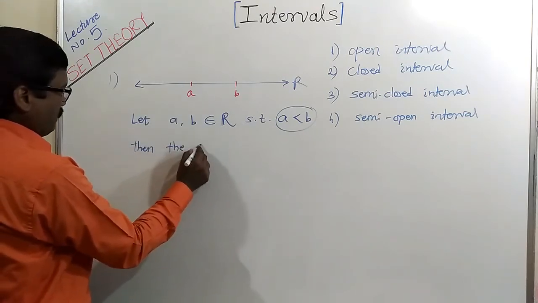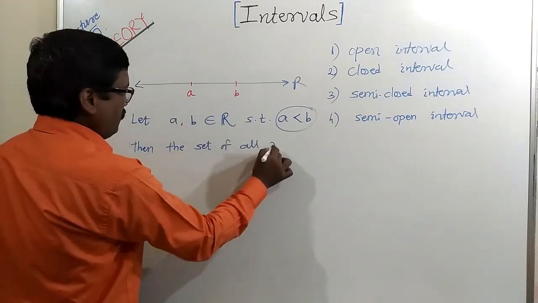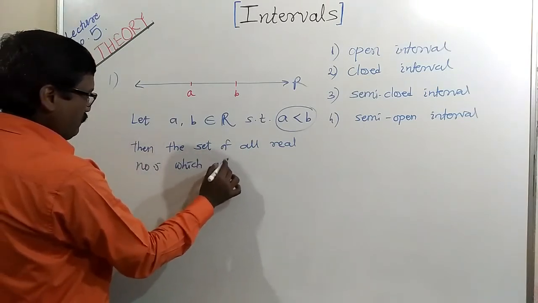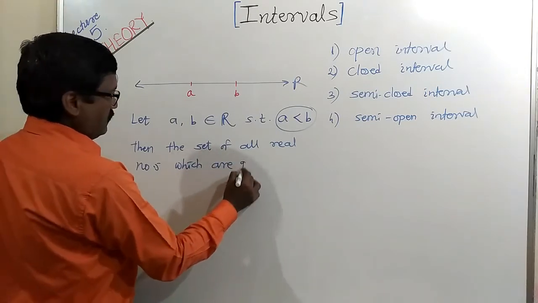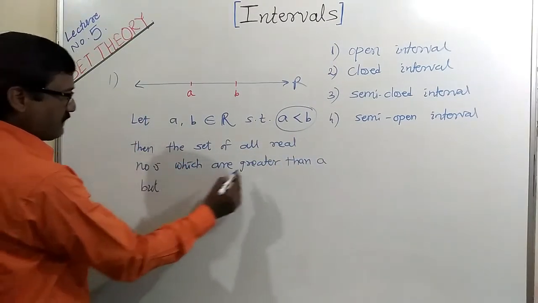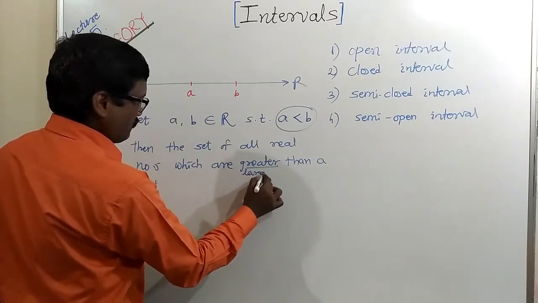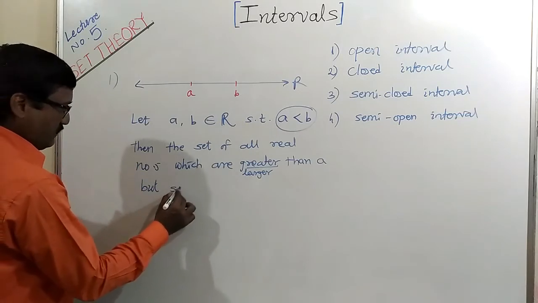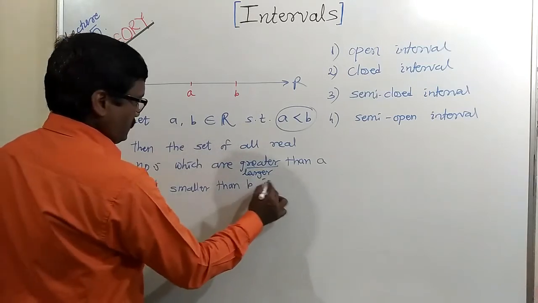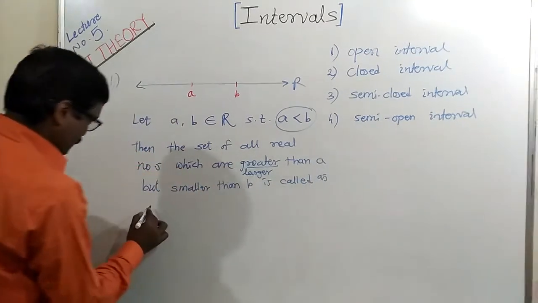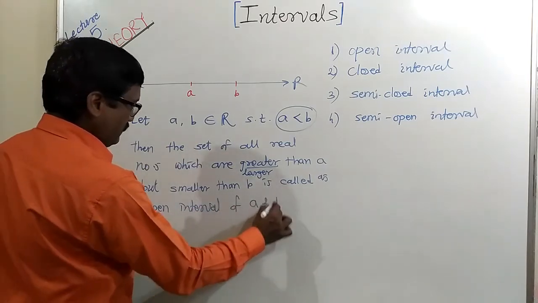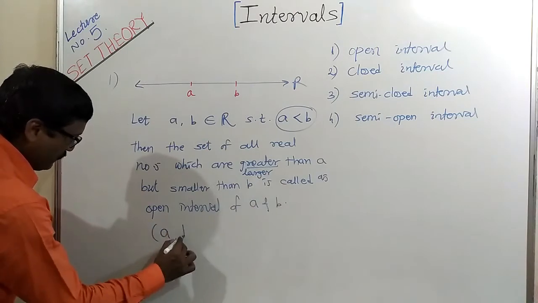the set of all real numbers which are greater than A, but greater means larger than A, but smaller than B, is called the open interval of A and B. It is denoted by open AB.